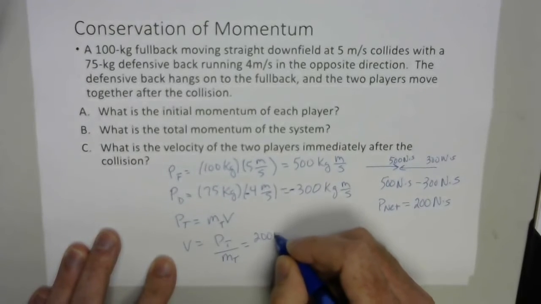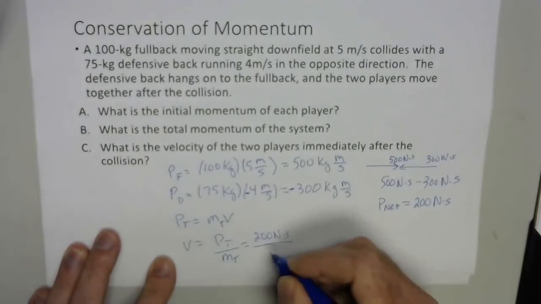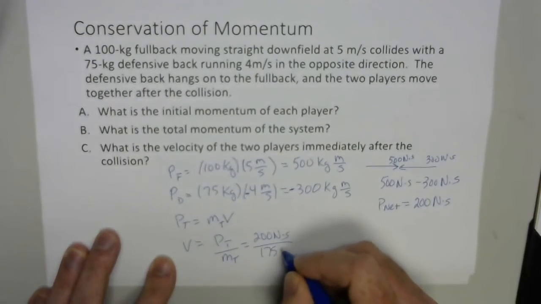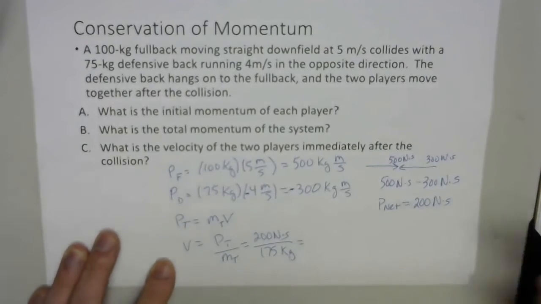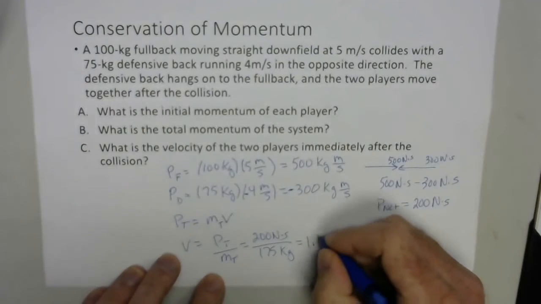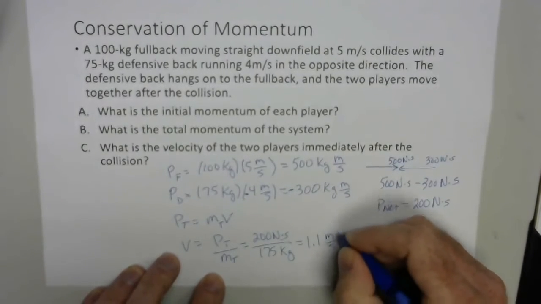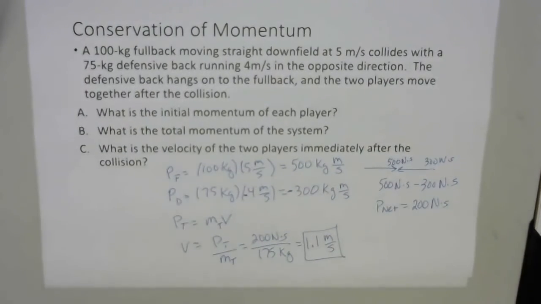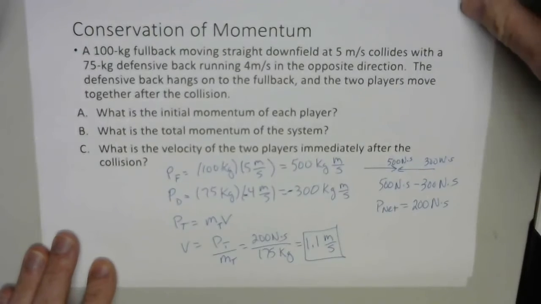So 200 Newton seconds divided by 175 kilograms will give us 1.1 meters per second. And that would give us our answer.